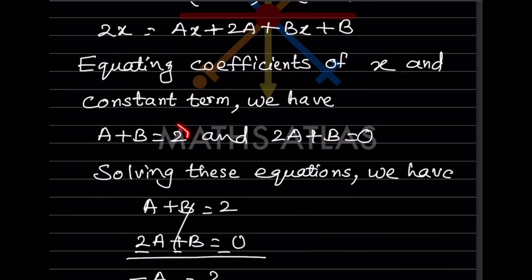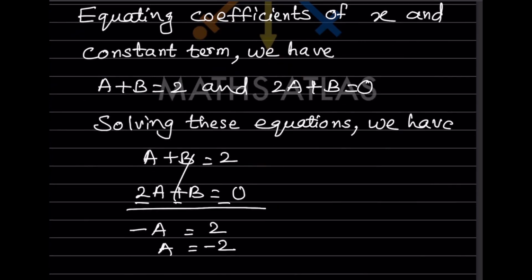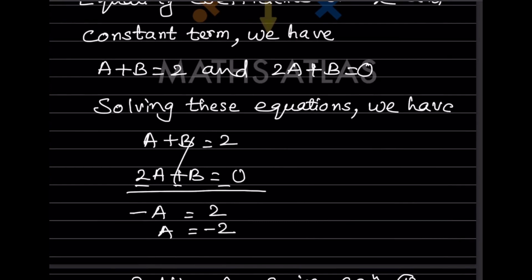Solving these two equations, a plus b is equal to 2 and 2a plus b is equal to 0. Here we don't need to adjust the coefficients, only the sign. Here it is plus b, here it is plus b, so we will just change the sign, because we want to cancel one of the variables. So here we'll put minus, here also minus.